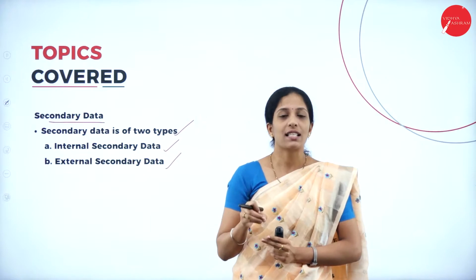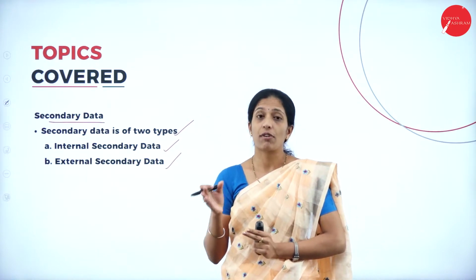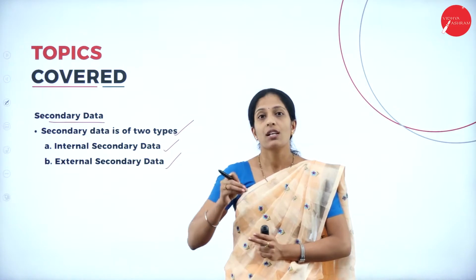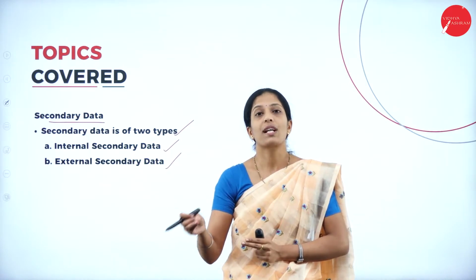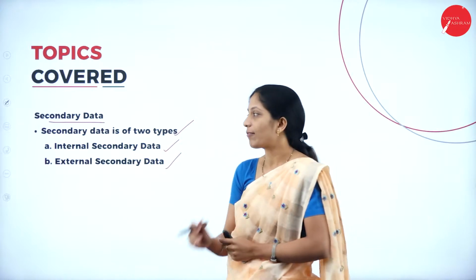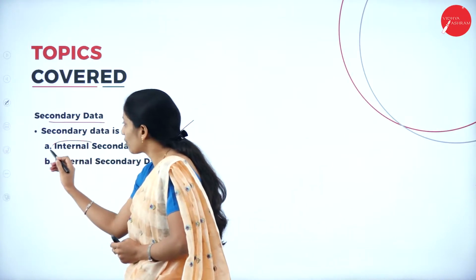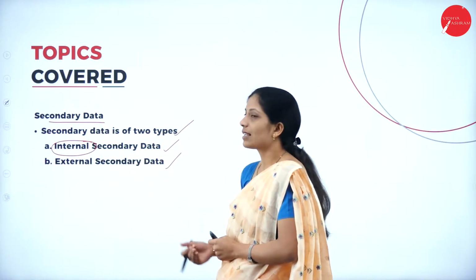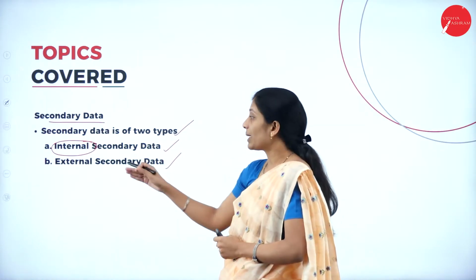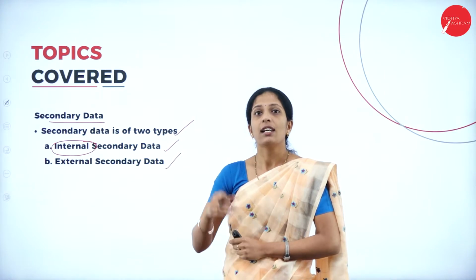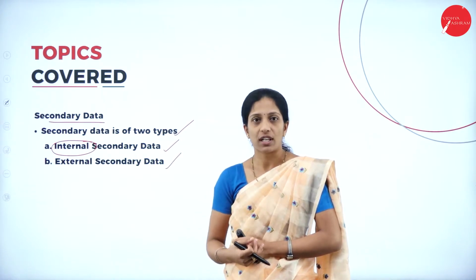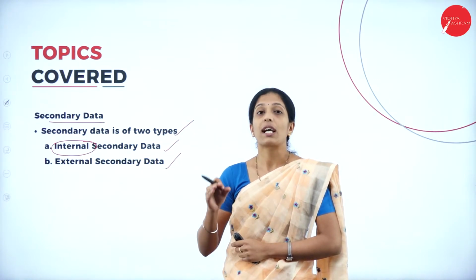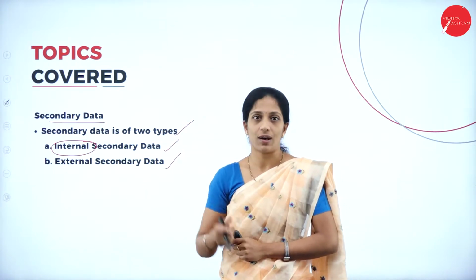Here the researcher is going to take that information, but you have to remember, it will be taken from inside the organization. So it is called as internal secondary data. Now coming to the external secondary data, this is also one of the types of secondary data where the researcher is going to collect the secondary data outside the organization.